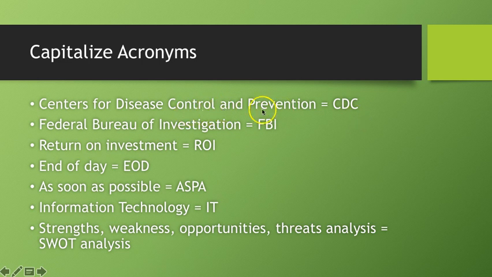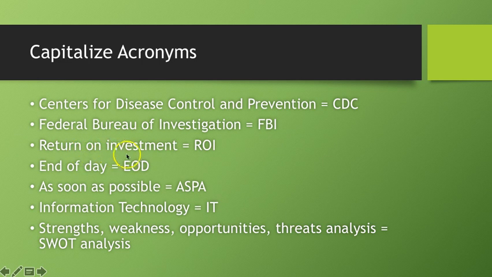Note that it's not an exact first letter of each word here, but because it's an abbreviation of that, CDC is capitalized. Federal Bureau of Investigation becomes FBI, all caps. And note that the phrase does not have to be capitalized when it's written out in full in order to require that the acronym be capitalized.